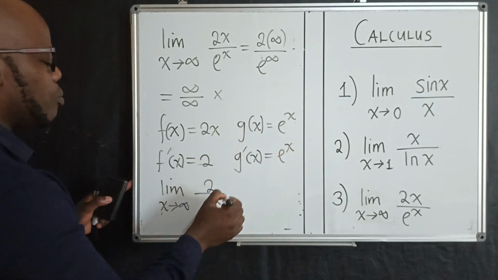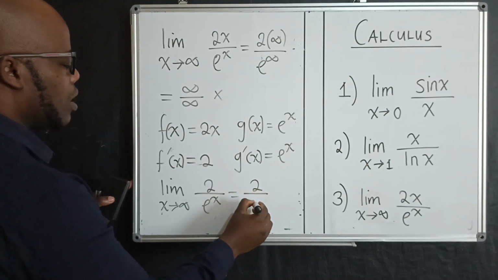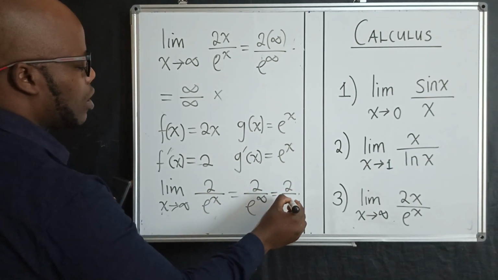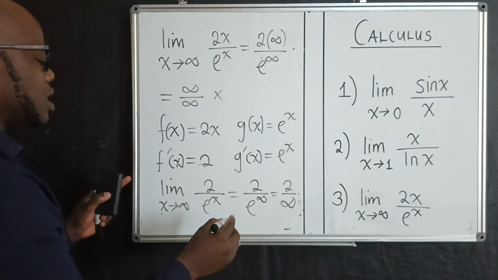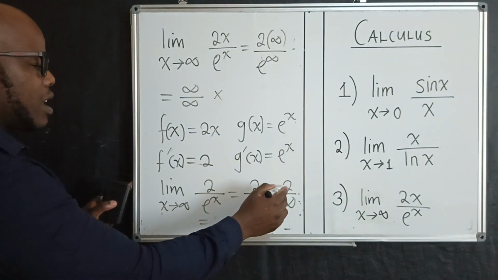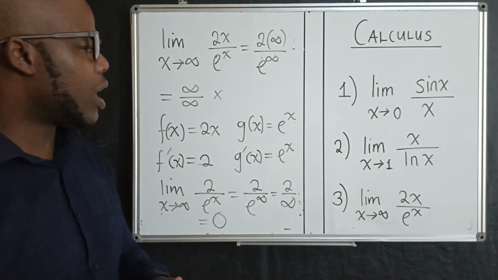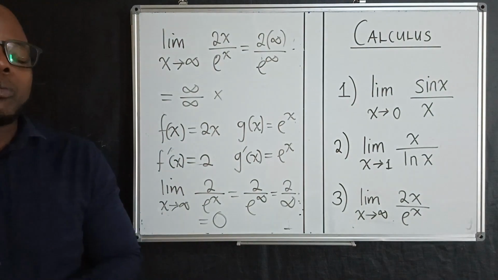When we substitute there, we have 2 over e power infinity, which will just be 2 over infinity, because e power infinity will just be infinity, and any constant over infinity will give us 0. So this is how these limits or L'Hopital's rule can be used.